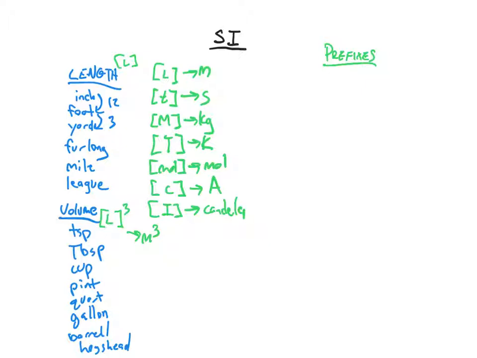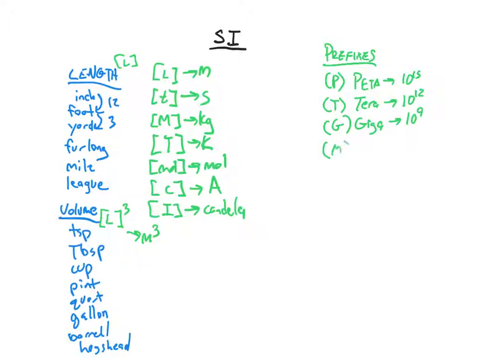So if we have 10 to the 15th of something, like 10 to the 15 meters, that's a peta. Tera is going to be 10 to the 12th. Giga, 10 to the 9th. Mega is 10 to the 6th. Kilo, 10 to the 3.